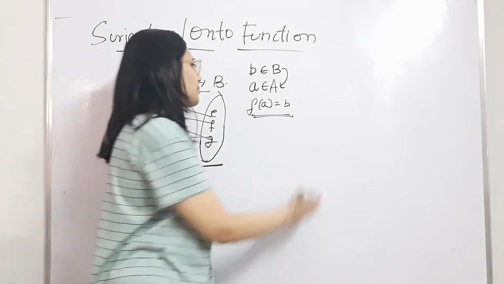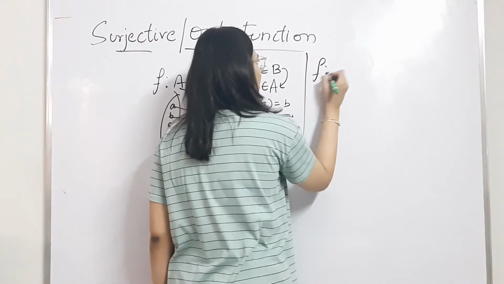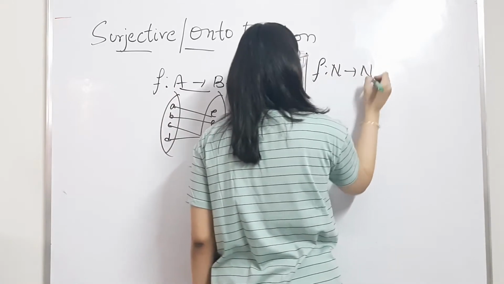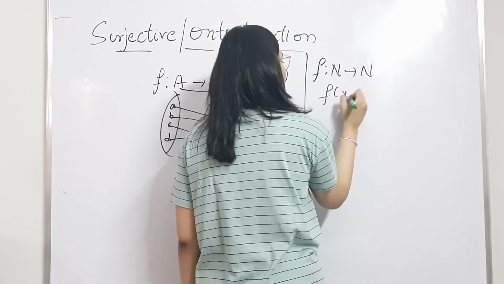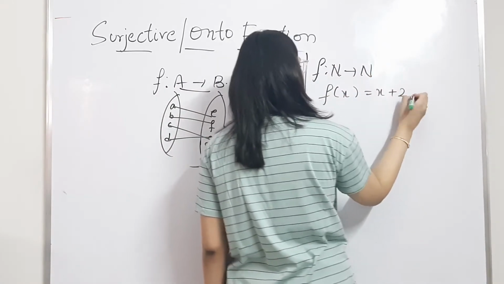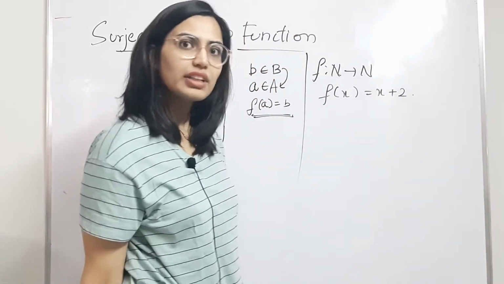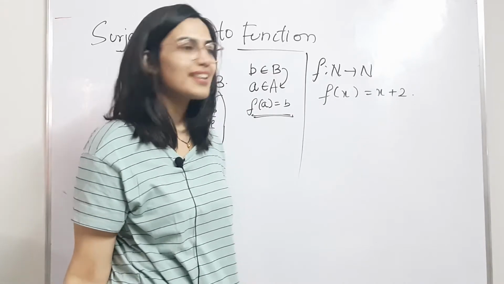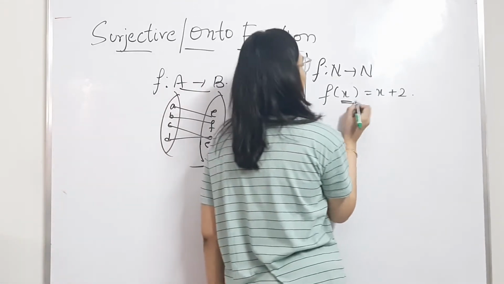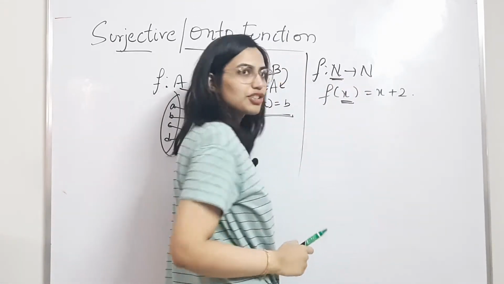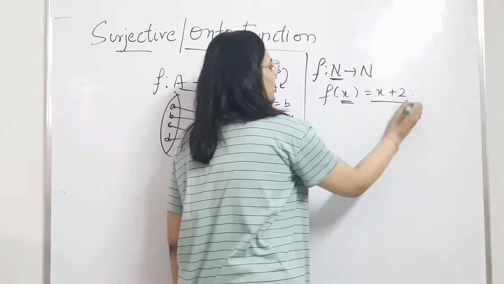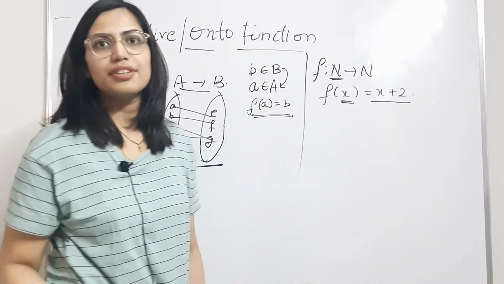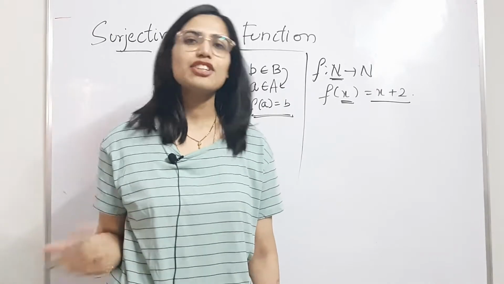So what is an example of this? If you say f is a function from N to N, then f of x is equal to x plus 2, right? Then do you think this is a surjective or not? Yes, because here we are taking x as natural numbers. And what are you getting as the result? If you add 2 to a natural number, then you will get a natural number only, right?